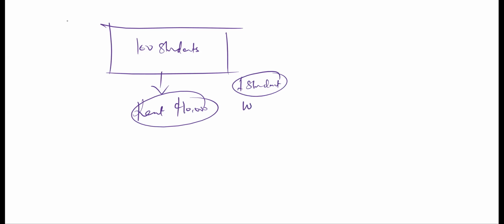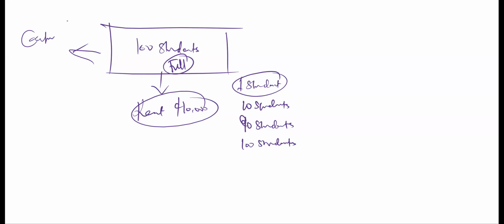If I bring 10 students, how much? 10,000. If I bring 90 students? Still 10,000. If I bring 100 students, how much rent would I pay? Still 10,000. But now this room is full. So fixed costs are fixed only up to a certain range, or up to a certain limit.